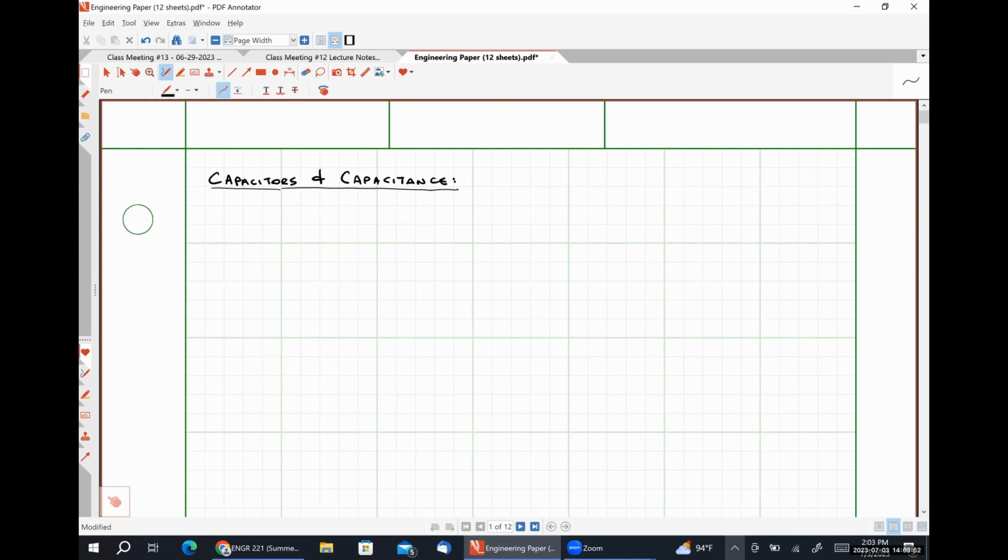So the most commonly seen capacitor is the parallel plate capacitor. So imagine that we had a metallic plate. This is going to be our top plate, and we are going to connect an electrode to it.